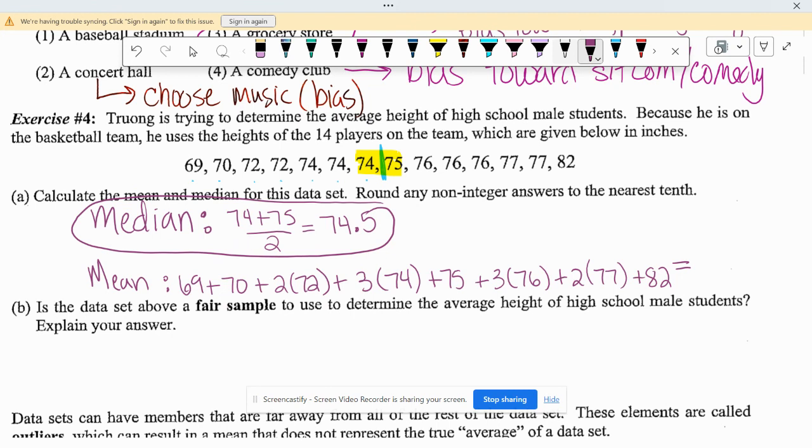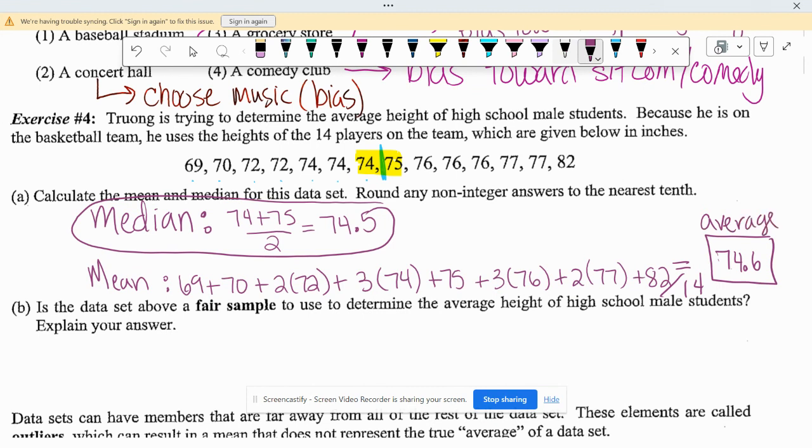Or did I just do it all at once? I think I did do that. I got I did not. I didn't add all those together. Well, when I took that number and I divided it by 14, I actually got 74.6 inches. So this is the average or the mean.